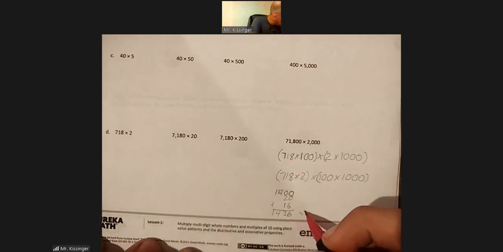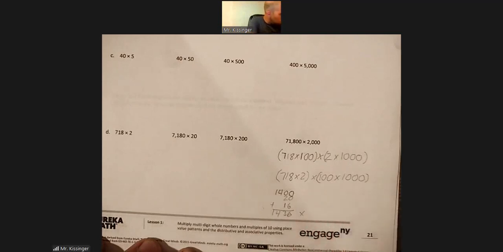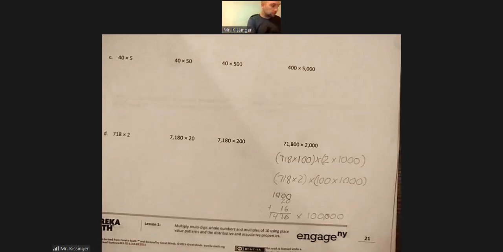And then we need to multiply by 100 times 1,000. We'll take 100, and we're just going to add 1, 2, 3 zeros onto the end. That'll make 100,000. And then we need to put it all together. So 1,436 times 100,000.